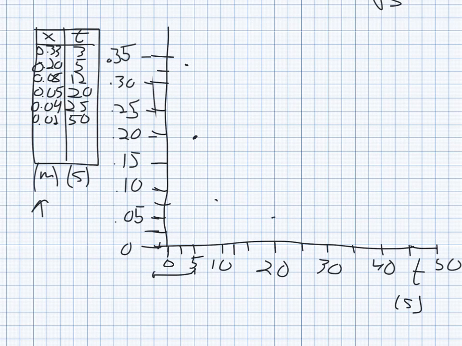Love it. Right there. 0.04 and 25. So this is, again, 0.25. So 0.04 should be 4/5 of the way up. And 25 is right on the line. So we're right there. And 0.02 and 50. Okay, so just below the halfway point. Right there.